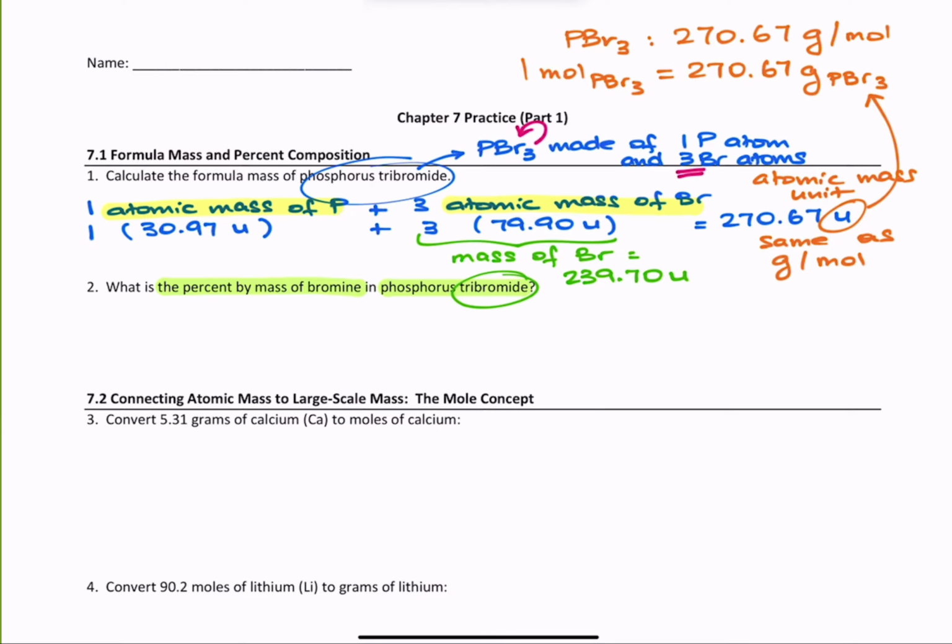In order to find the percent by mass of bromine, again, this number that you have here is the mass of the element bromine in PBr3, and we have 3 bromine, so we have to multiply the mass by 3. 3 times 79.90 U. So let's calculate the percent by mass now.